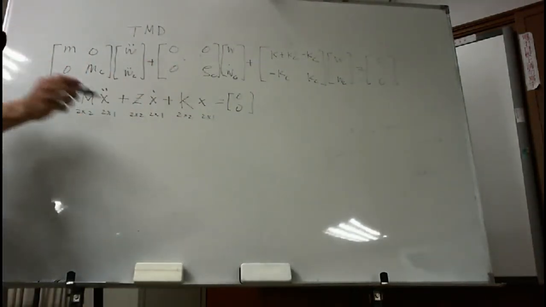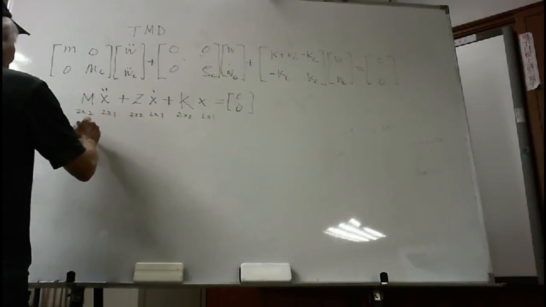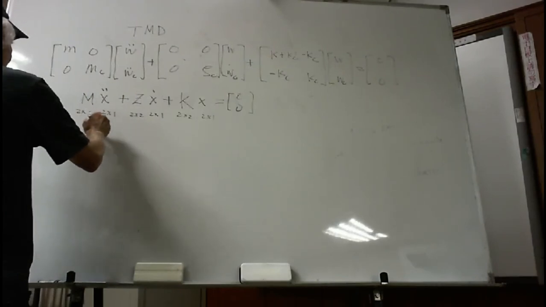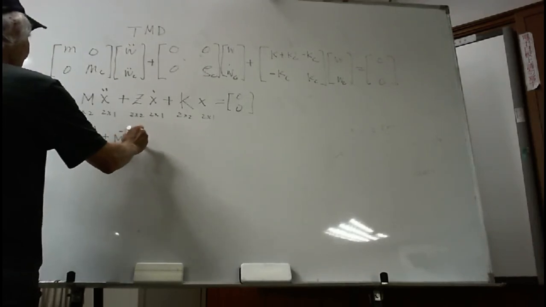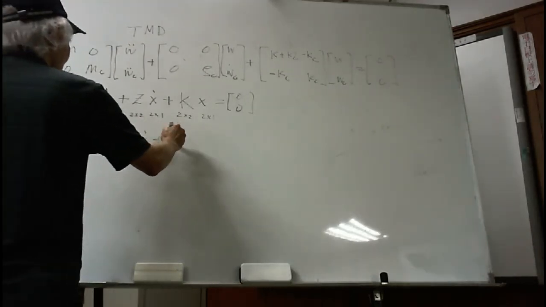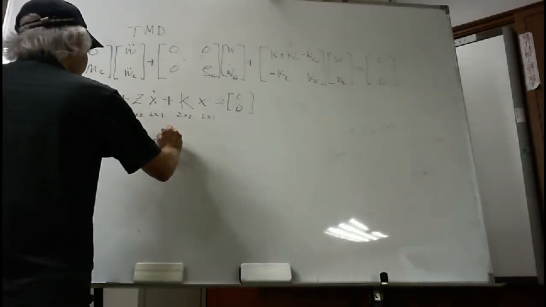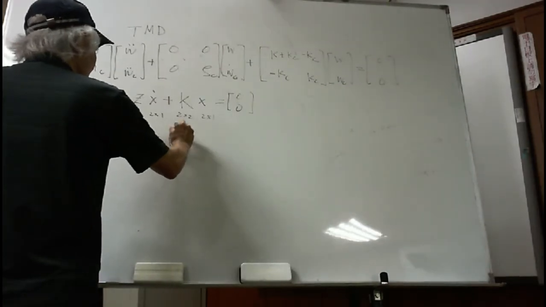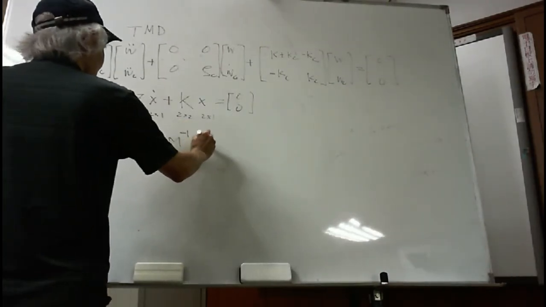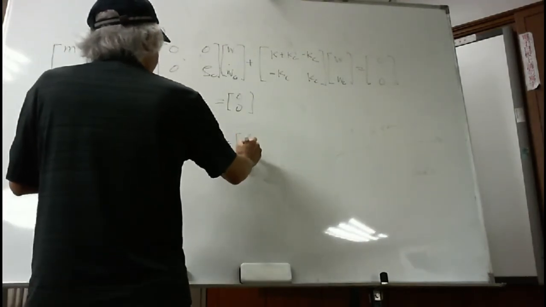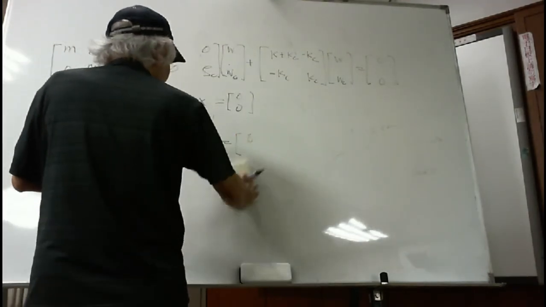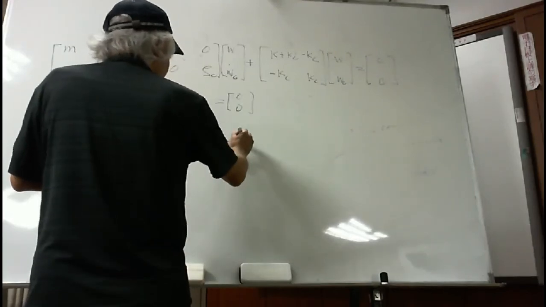The first step is now you move M inverse Z X dot plus M inverse K X equal to 0.